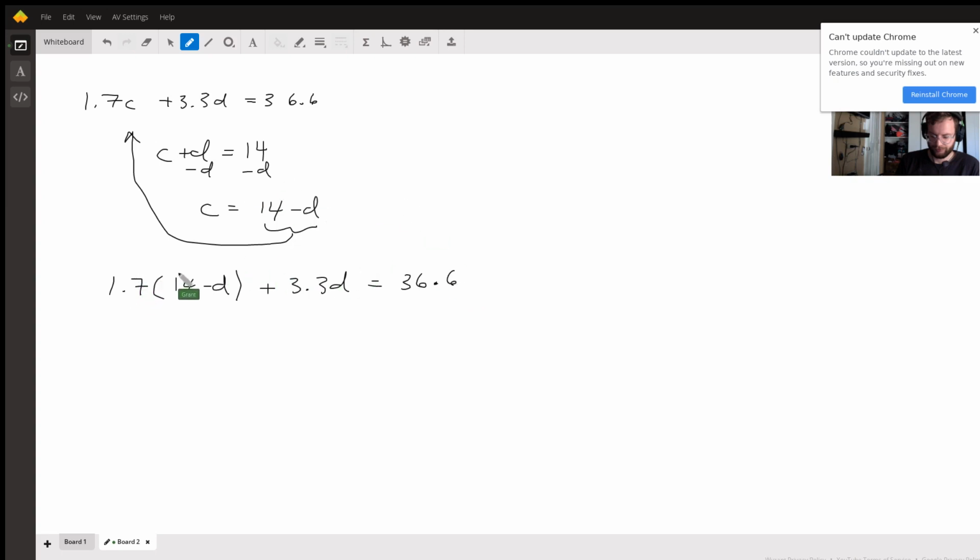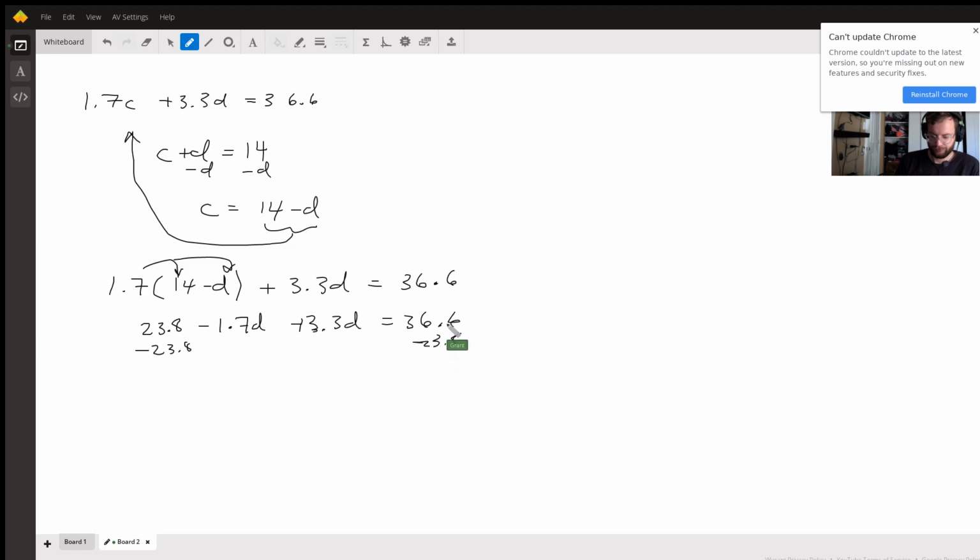So we can distribute this through, right? So 1.7 times 14 is equal to 23.8 minus 1.7D plus 3.3D is equal to 36.6. So subtract 23.8 from both sides.